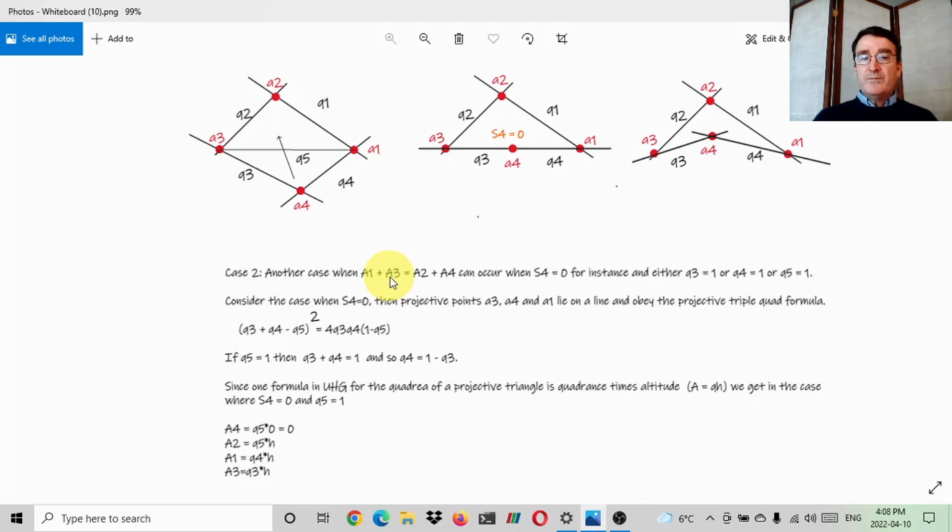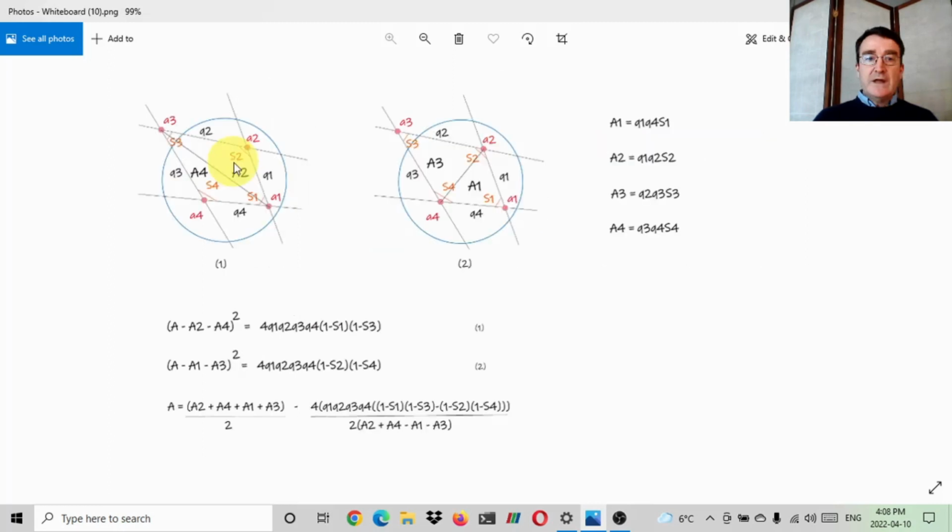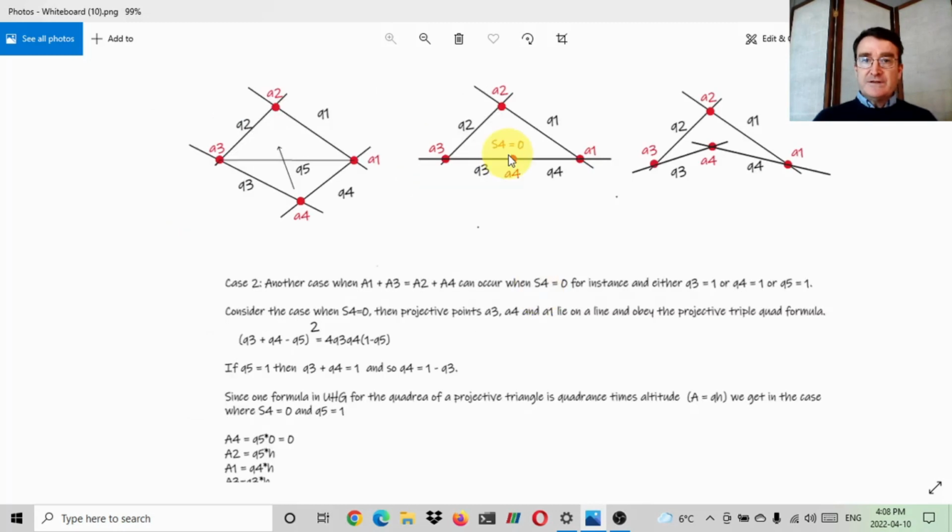This is an alternate form of the projective triple quad formula. If Q5 is equal to 1, substitute 1 into here, then the right-hand side is 0. So we have Q3 plus Q4 minus 1 all squared equals 0. And so we get Q3 plus Q4 is equal to 1, or Q4 is 1 minus Q3.